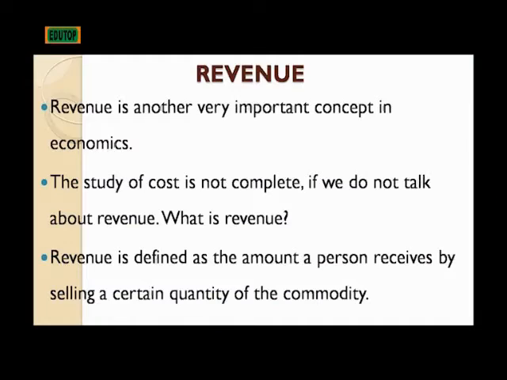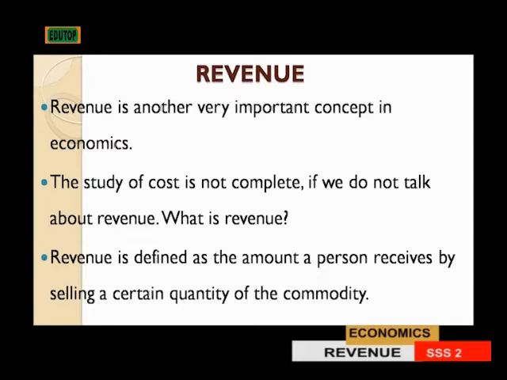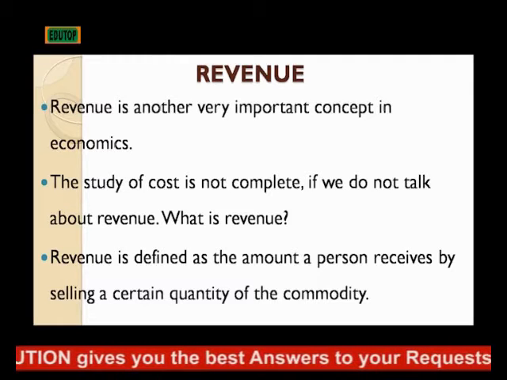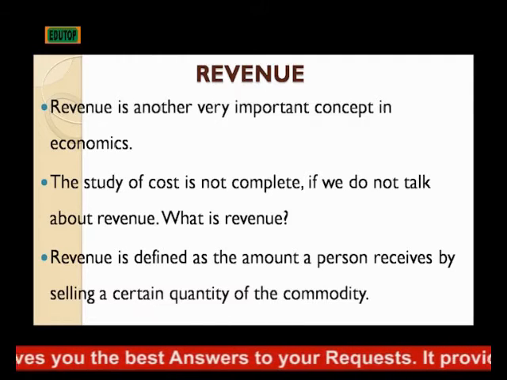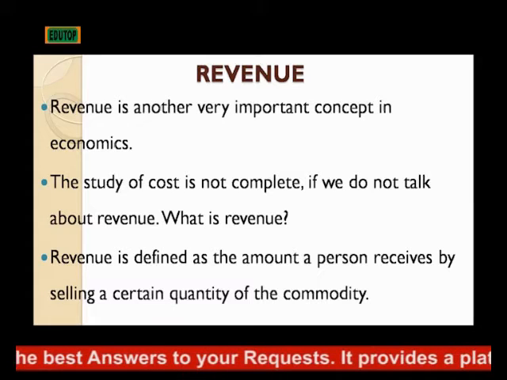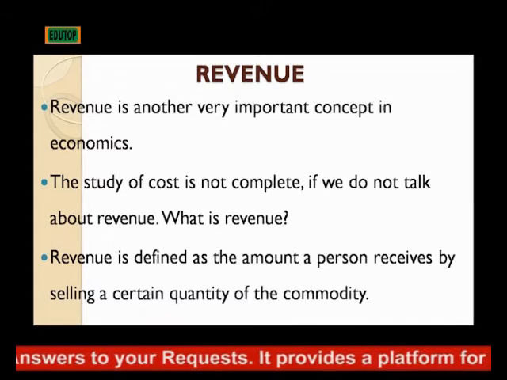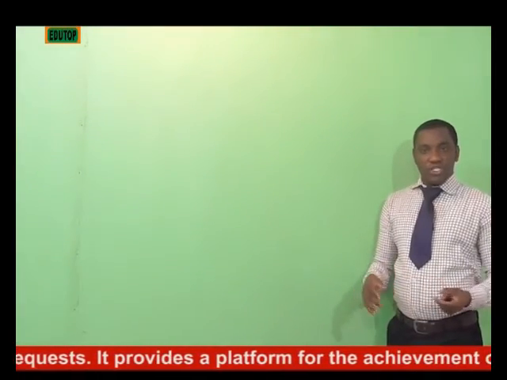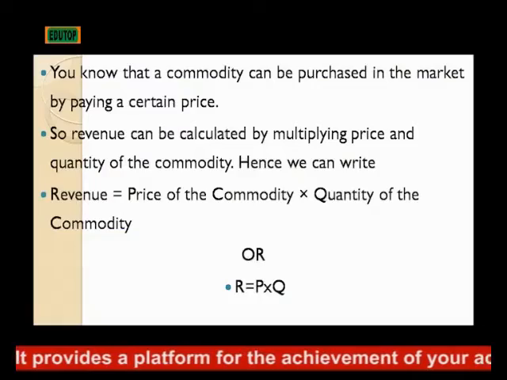Revenue. Revenue is another very important concept in economics. The study of cost is not complete if we do not talk about revenue. Then, what is revenue? Revenue is defined as the amount a person receives by selling a certain quantity of the commodity. You know that a commodity can be purchased in the market by paying a certain price.